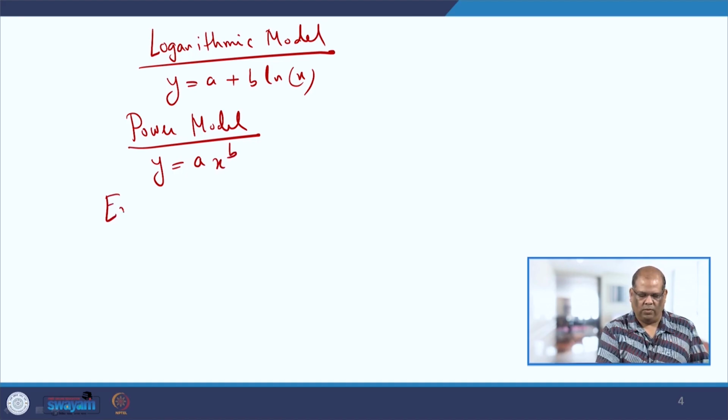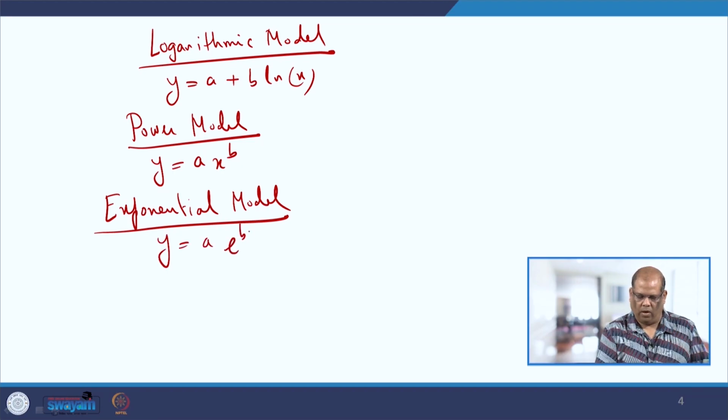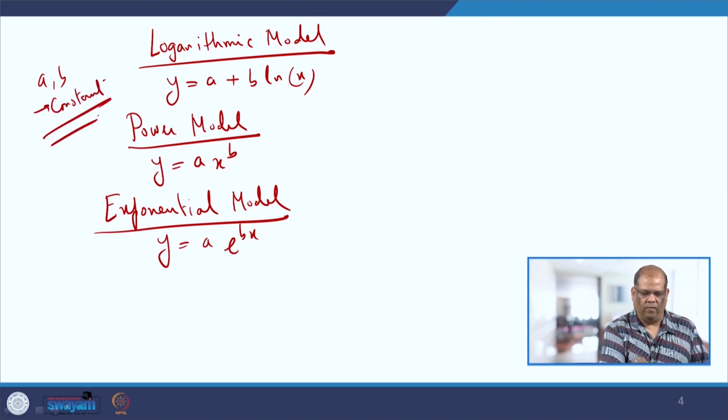Then we have the exponential model, which is y equals a e to the power bx. Here all the a, b's are constants; they can be positive or negative.